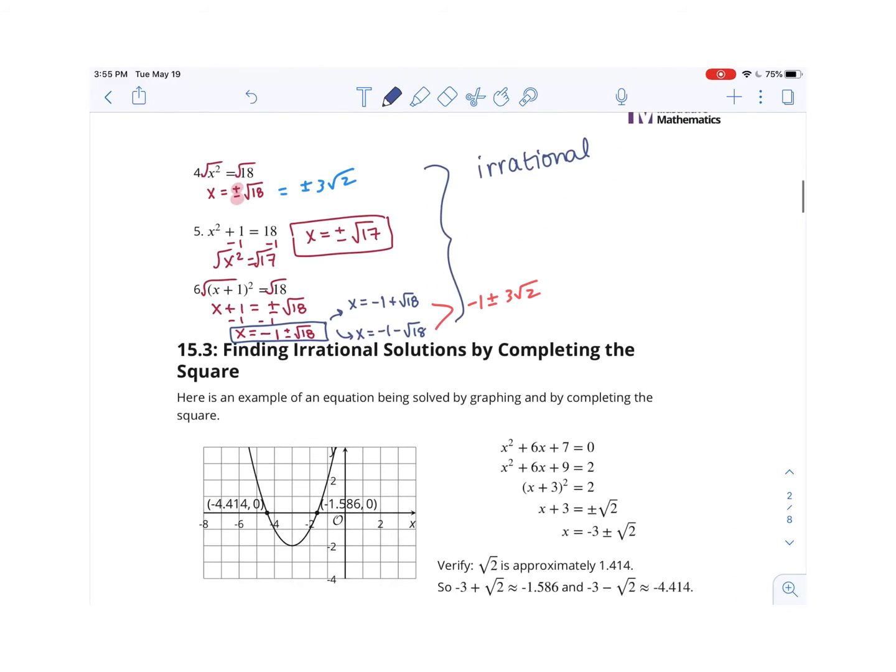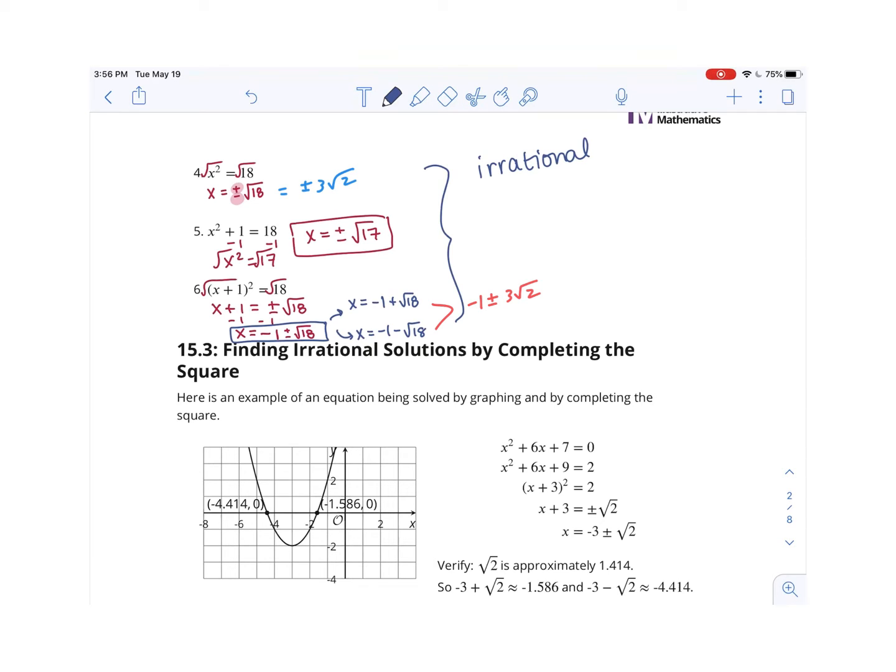And so remember that a rational number is a fraction or a number that can be written as a fraction or its opposite. And irrational numbers are numbers that are not rational. And we'll talk more about that later, but examples would be the square root of 2, pi, square root of 10, square root of 17, some of these numbers that we're seeing here.